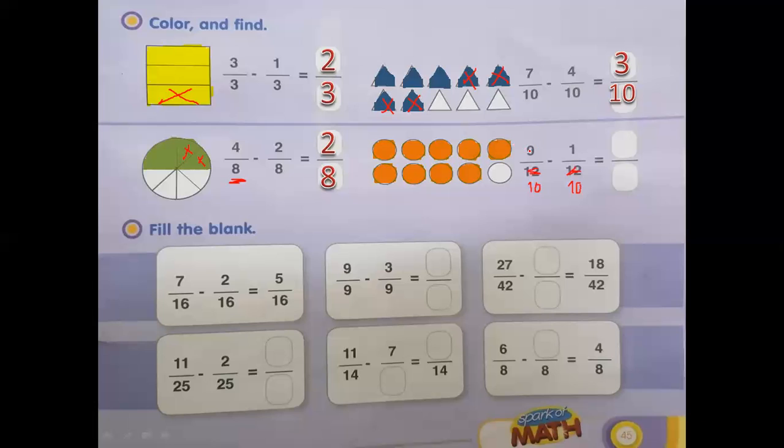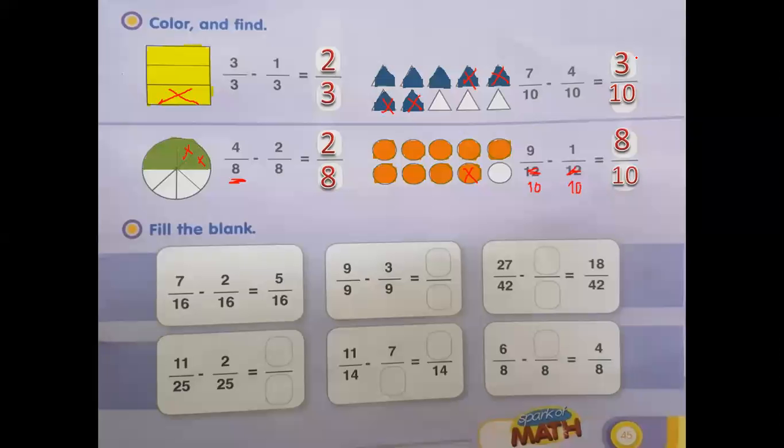So we have 9 over 10 minus 1 over 10. How many parts are we going to color? 9 parts. So I colored 9 parts. If we want to take just one part, how many parts are we going to have left? 9 minus 1 equals 8. Excellent. And what's the numerator, the denominator?